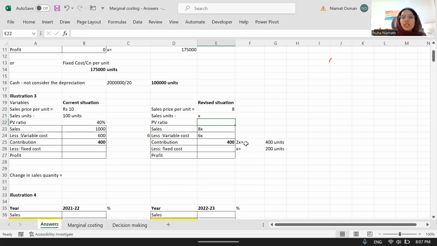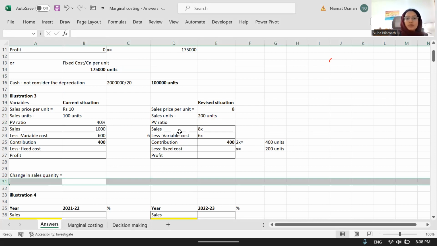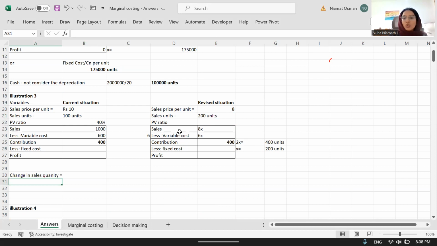So what is the change in sales quantity? So here we have 200 units. Right? What is my change in sales quantity now? How can we calculate this change? So old sales, ma'am, how 6x?